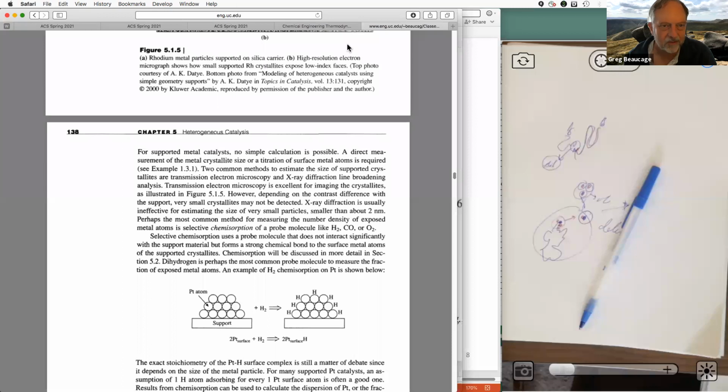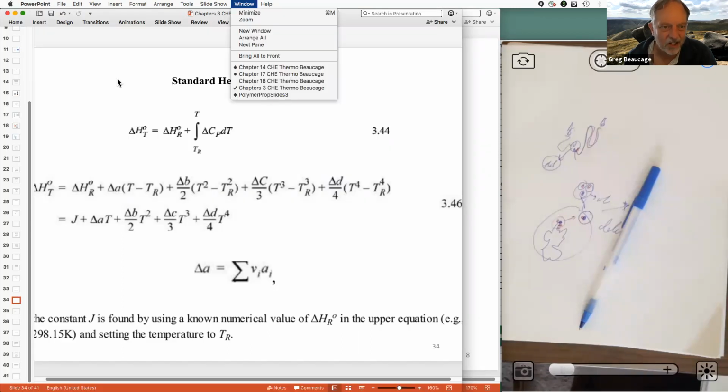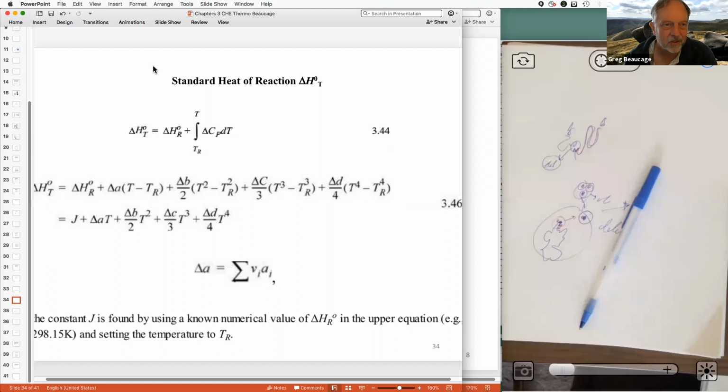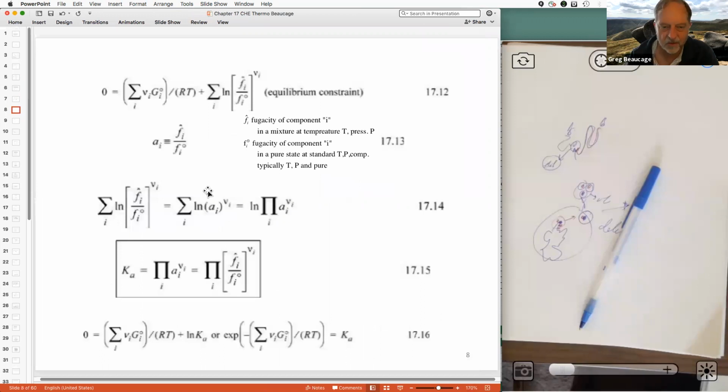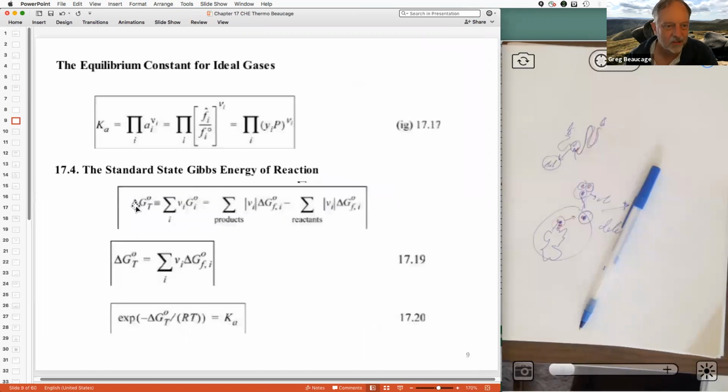And here you have another thing, because you're going to have to use the Gibbs-Helmholtz function to get this relationship. So this is the standard state, like the one at 298.